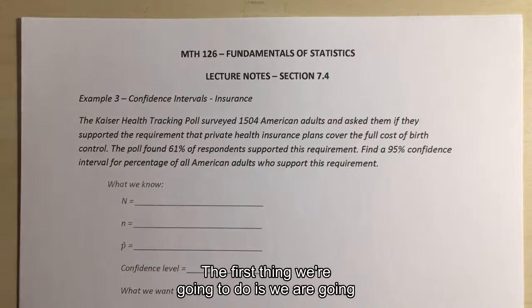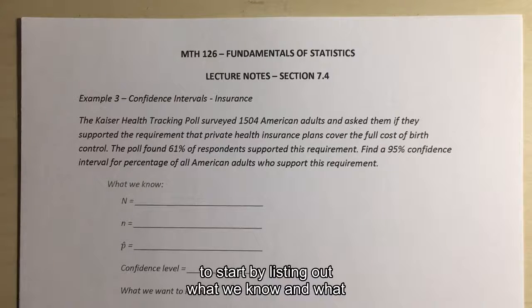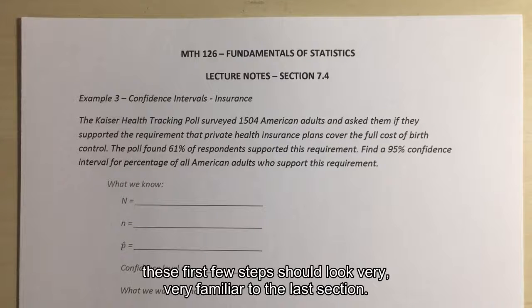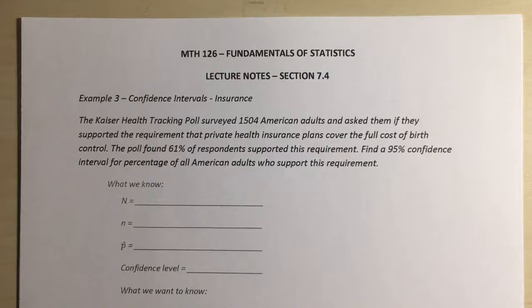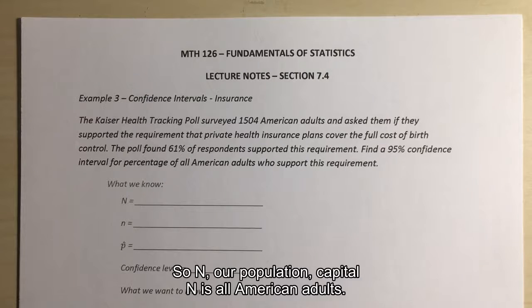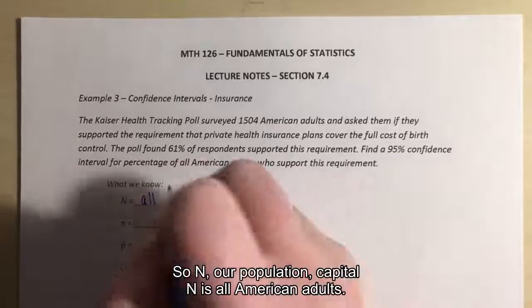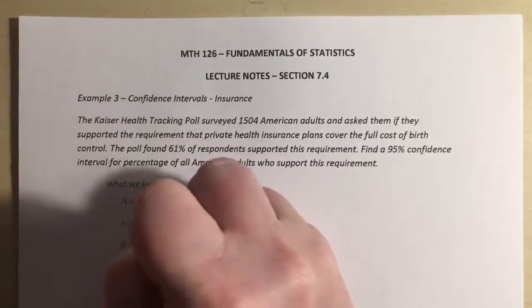All right, so the first thing we're going to do is start by listing out what we know, and what we want to know, checking our conditions. So again, these first few steps should look very, very familiar to the last section. All right, so capital N, our population, is all American adults.